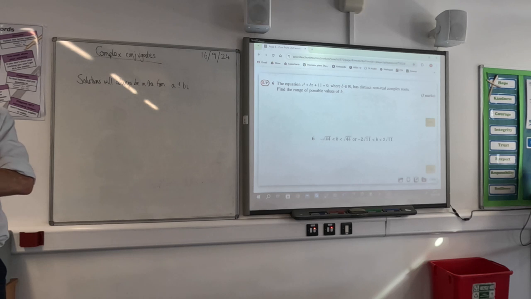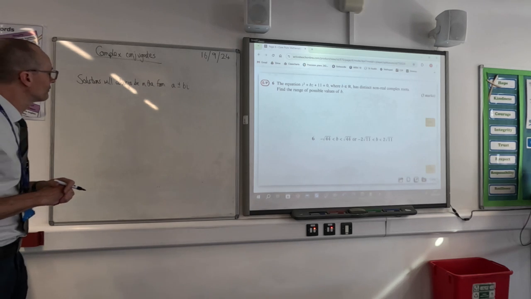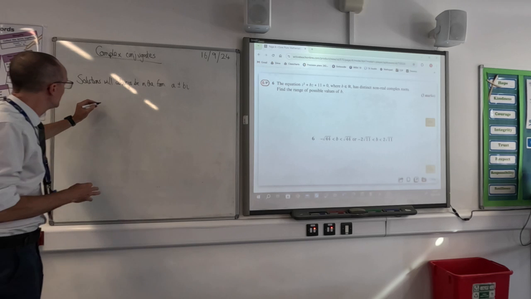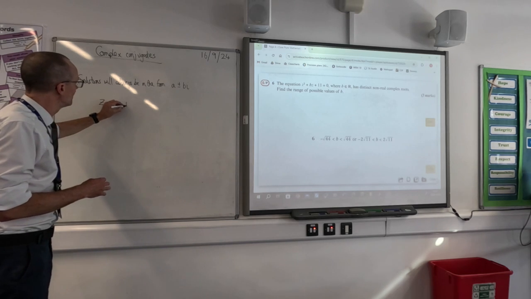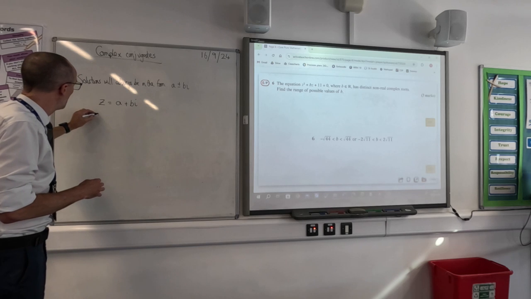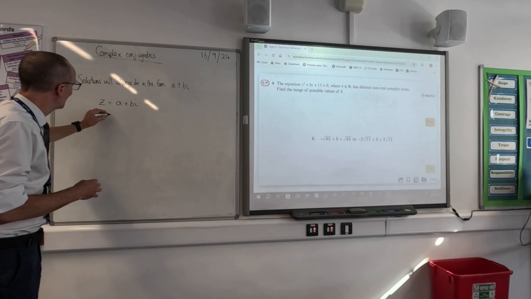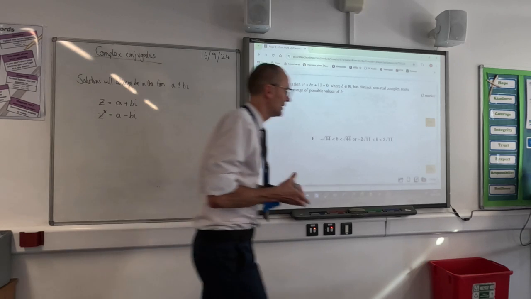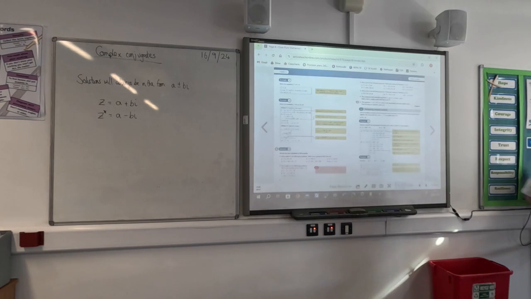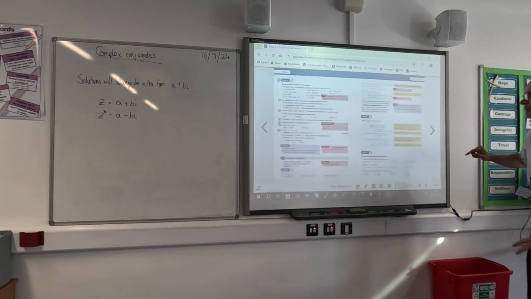You can't have one without the other. And there's a little bit of notation here. So let's say we call one of our solutions z. Its complex conjugate is referred to as z star. Don't ask me why. I have absolutely no idea. Just seems to be an opportunity to confuse you.